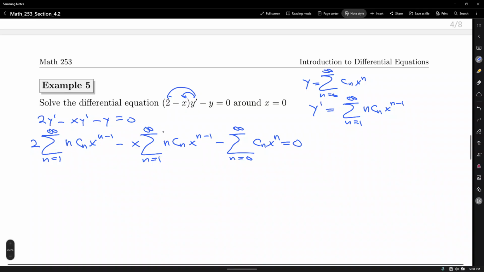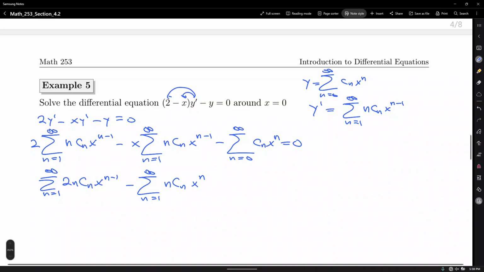So, number one, I'm going to introduce this x right here, and I'm going to leave the third series alone. So, this will be the sum from n equals 1 to infinity of, oh wait, 2n c sub n x to the n minus 1, minus the sum from n equals 1 to infinity of n c sub n x to the, do you guys agree it's going to be x to the n only?